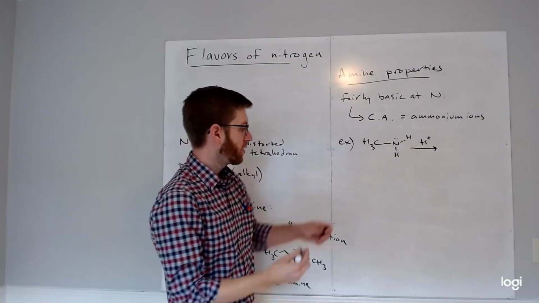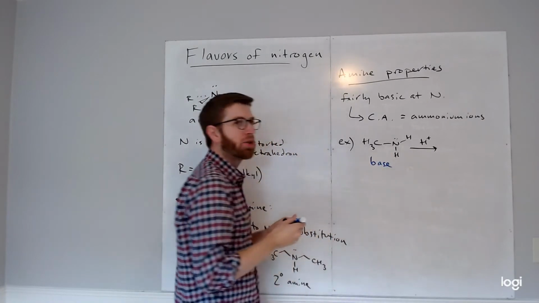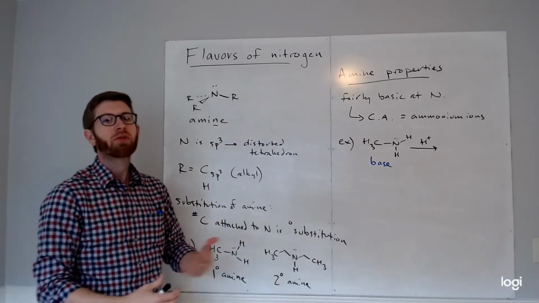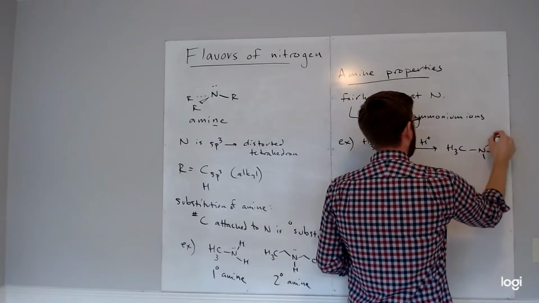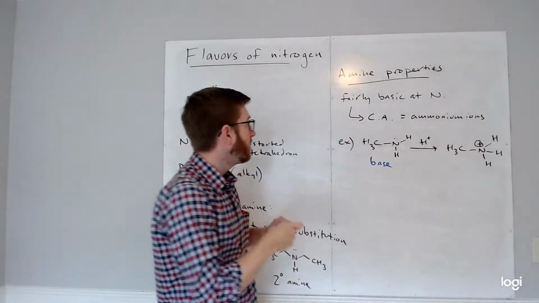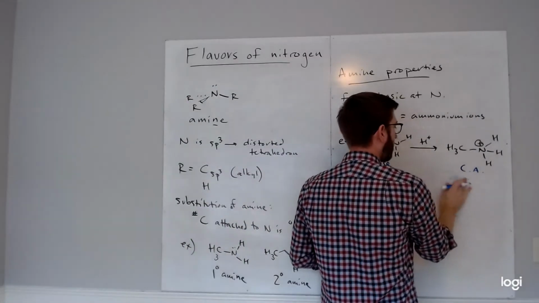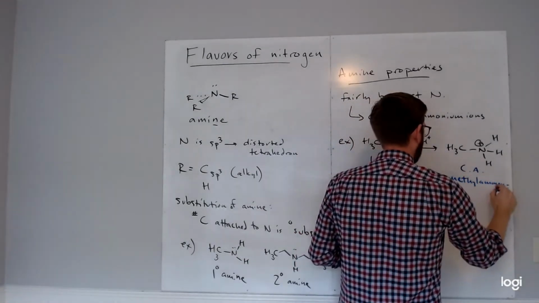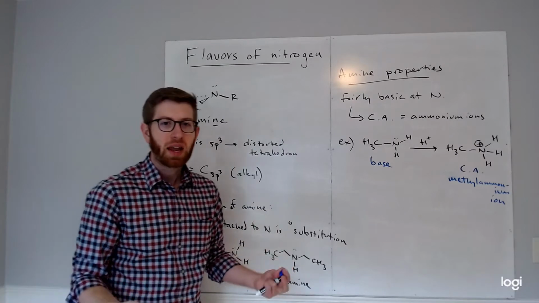So we're using the structure as a base now. The nitrogen lone pair, because it's not that stabilized, is going to be reasonably basic. There's some kind of driving force to make a new bond to this nitrogen. So this would be our conjugate acid. This is my ammonium ion. We call this the methylammonium ion. And it's got a pKa of, well, you should know this still, about 10.